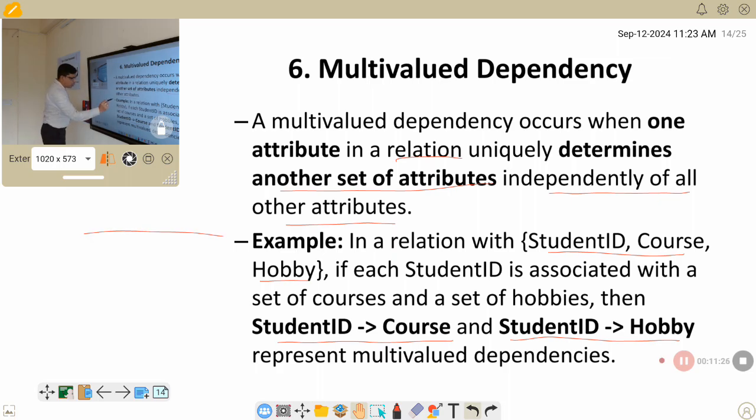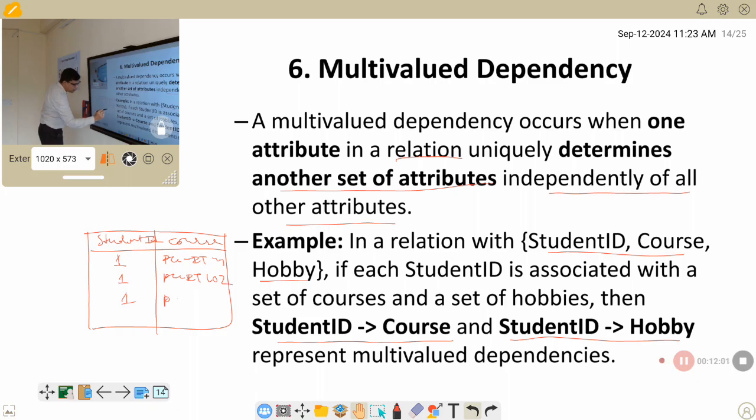Suppose you draw this table like that. That is the student ID and it is the course. Suppose you are considering the student ID is 1, 1 and 1. Course ID, suppose it is PCC, IT 101, PCC, IT 102, PCC, IT 103.